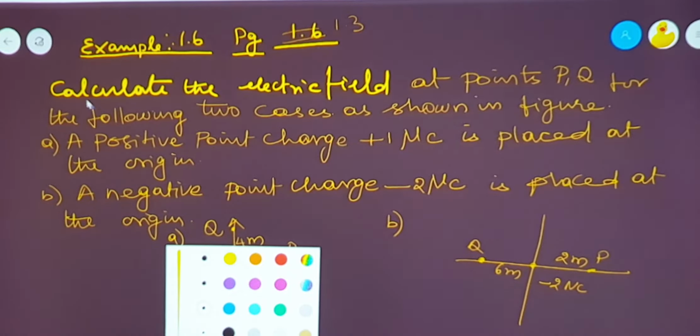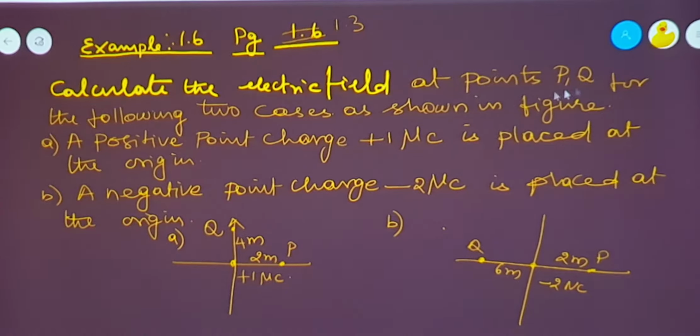It was given, calculate the electrical field at points P, Q for the following 2 cases as shown in the figure. They have given 2 diagrams, one is A and another one is B. In A, at the origin, they have placed a charge plus 1 microcoulomb. They have considered 2 points.